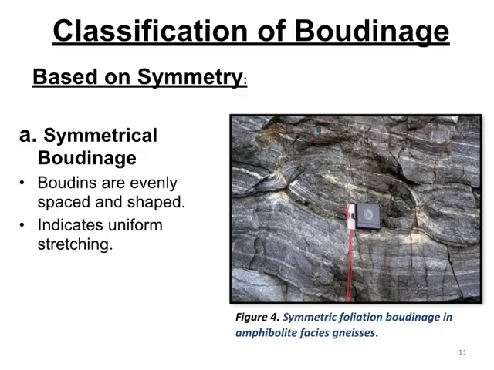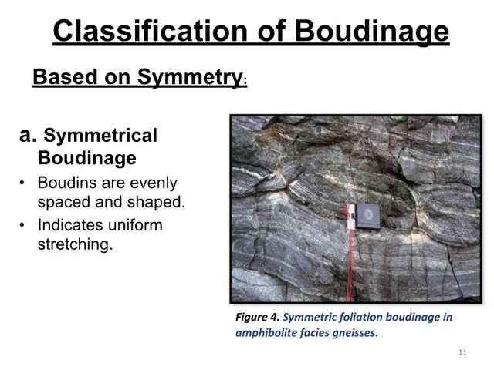Now moving on to the next slide, which shows the classification of boudinage by symmetry. There are basically two types, that is symmetrical boudinage and asymmetrical boudinage. The first one shown here is the symmetrical boudinage. In this, boudins are evenly spaced and shaped, indicating uniform stretching.